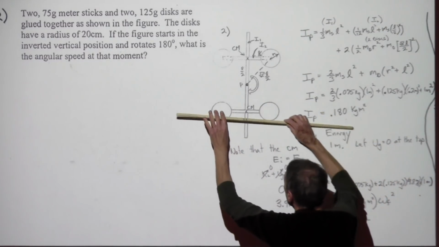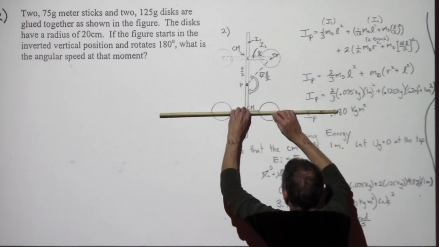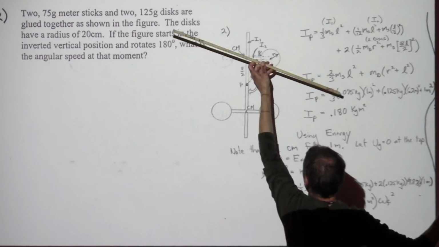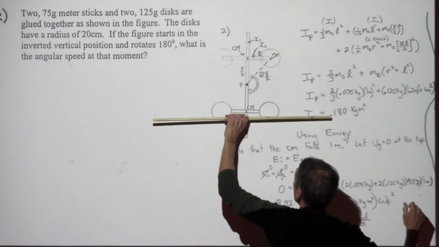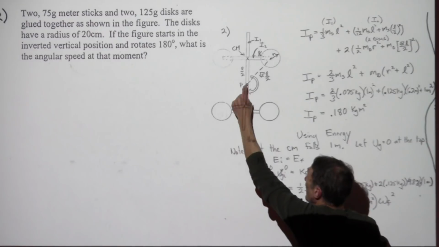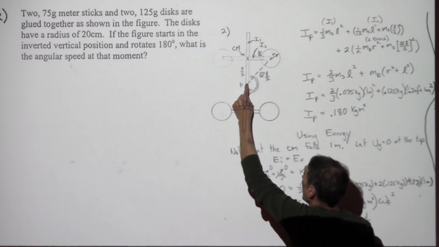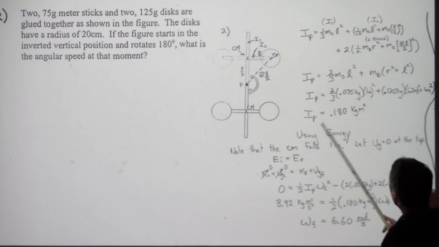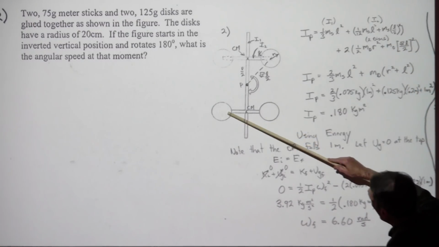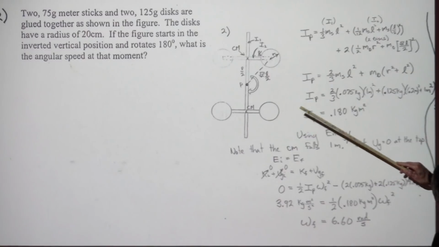Now this is kind of strange that it's off this way. It's going to come around and be up here, and it's going to swing around like this. So it's not swinging about its end. It is rotating around this point, and so we need to use the parallel axis theorem to get the moment of inertia of this stick that's going to hold the discs.